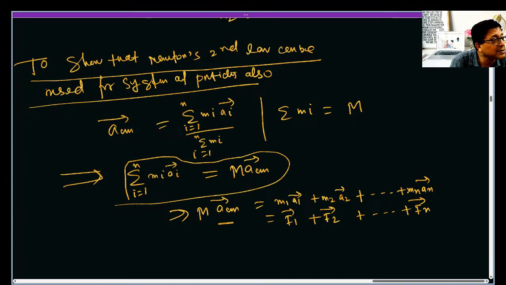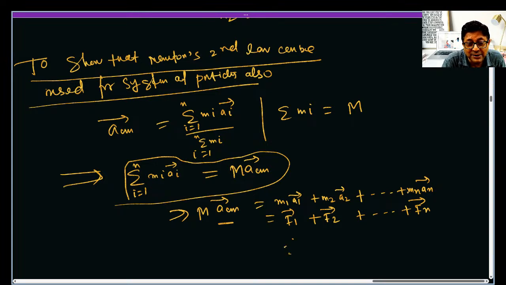Whose mass into acceleration? This is center of mass. The whole mass situated at the position of center of mass moving with acceleration ACM. So net force on it is equal to the resultant of all the forces acting on all individual particles.